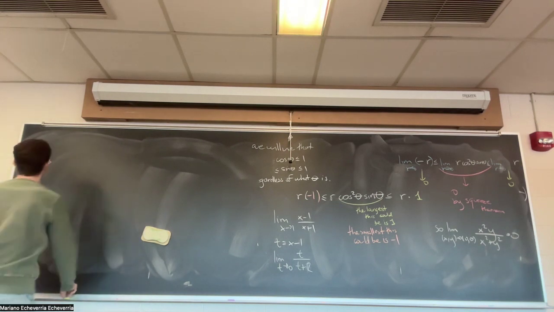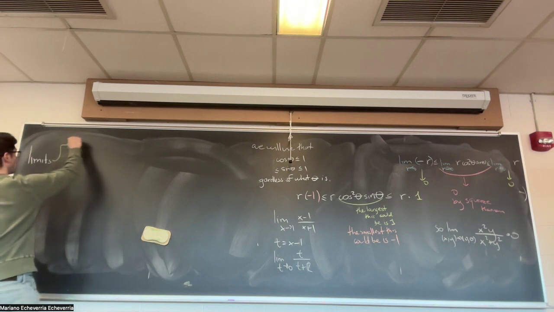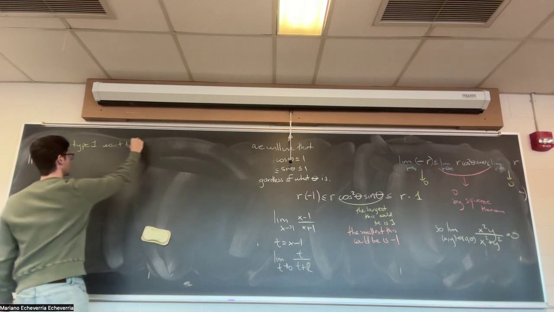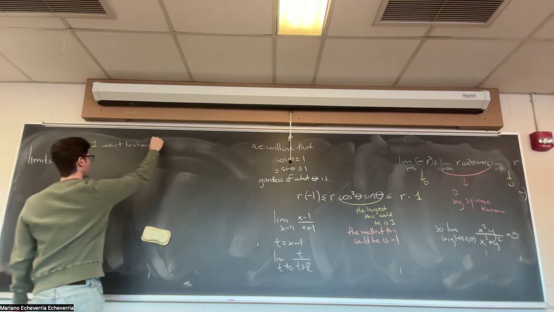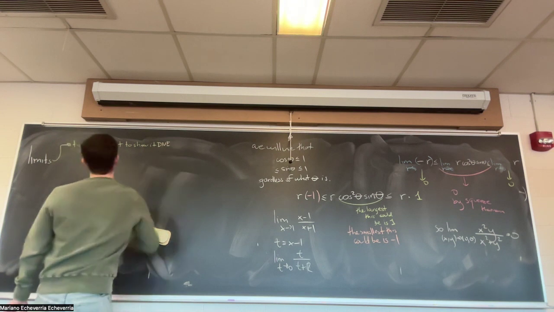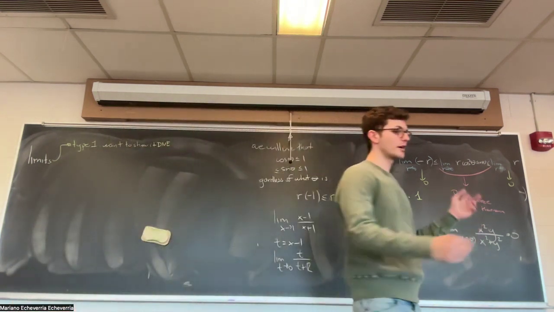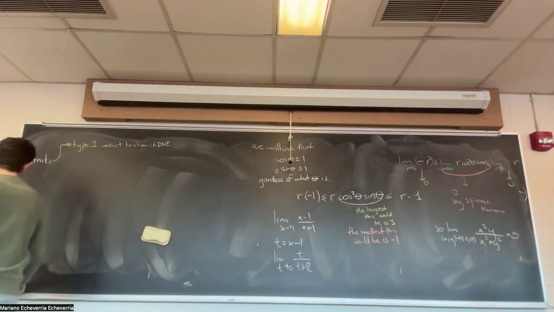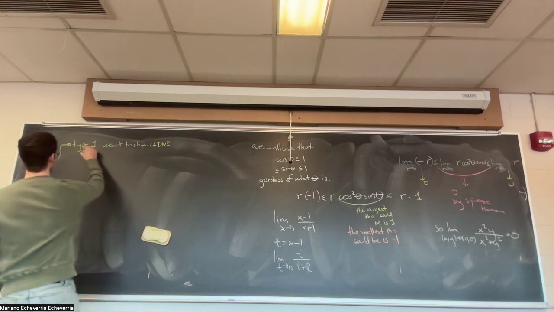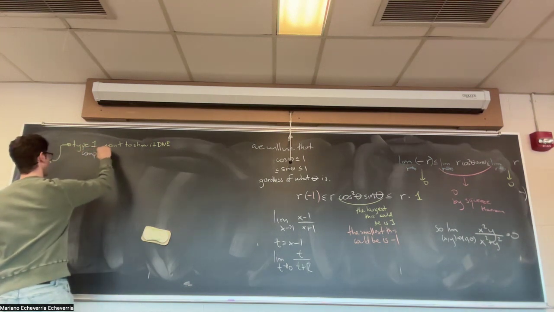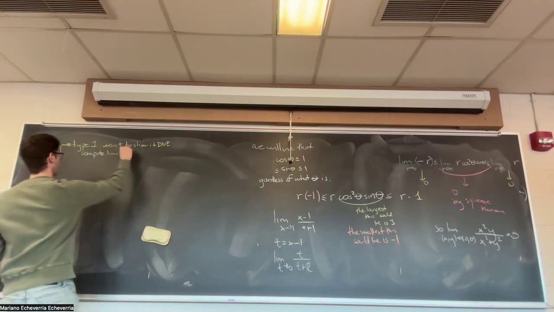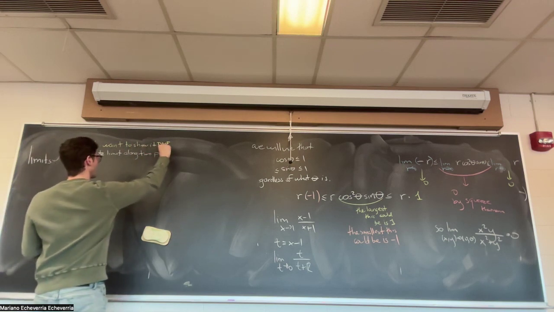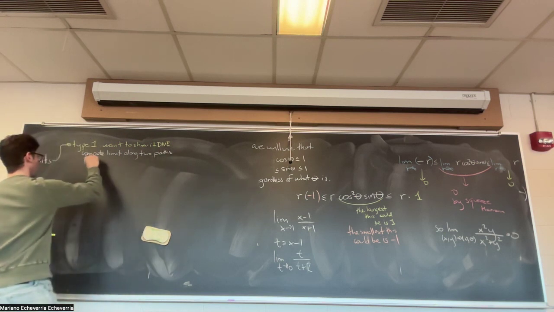Type one is where you want to show the limit does not exist. For that, what you have to do is find two paths, compute the limit along two different paths that give you different numbers. So compute the limit along two paths that give different values.